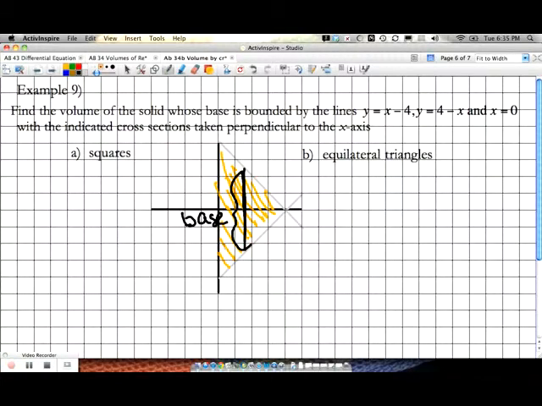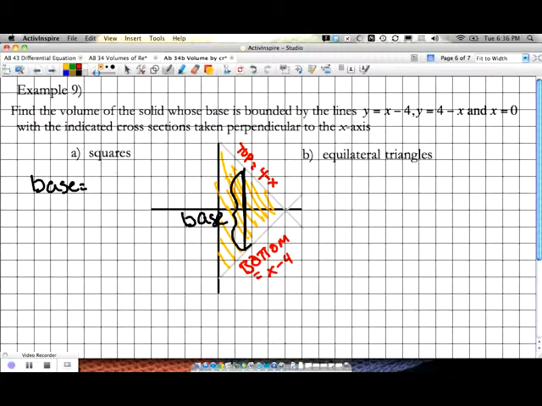So I need to figure out what that is. And my base is going to be top minus bottom. We'll call this the top. That's 4 minus x, and the bottom is equal to x minus 4.